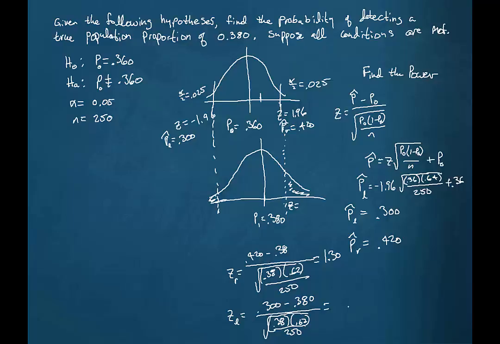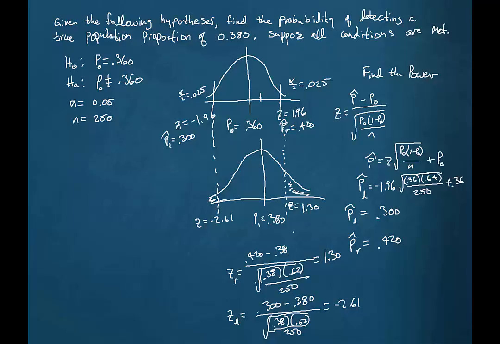And for this value, we will get minus 2.61. So the z-value here is minus 2.61, and the z-value here is 1.30. And by now, you are perfectly capable of looking up z-values either in a table or using a utility such as a TI-84 calculator or StatCrunch.